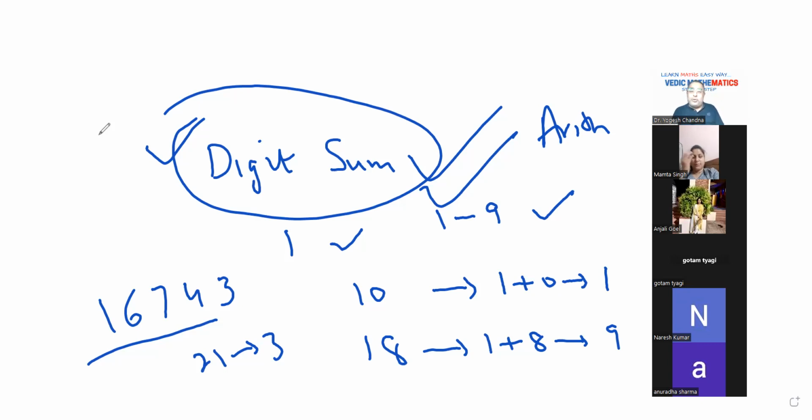When everything we do is left to right, why is mathematical calculation right to left? Yes, Naresh sir, Gautam Tyagi, why mathematical calculation right to left? No idea, sir. Please tell.